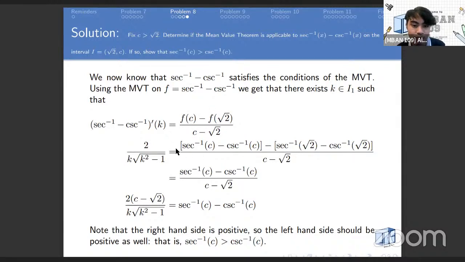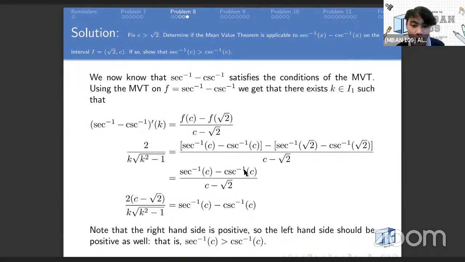Then here, when we plug in ng value na f of c, equal siya sa arc secant of c minus arc cosecant ng c minus f of square root of 2, which is equal to the quantity arc secant square root of 2 minus arc cosecant square root of 2 all over c minus square root of 2.